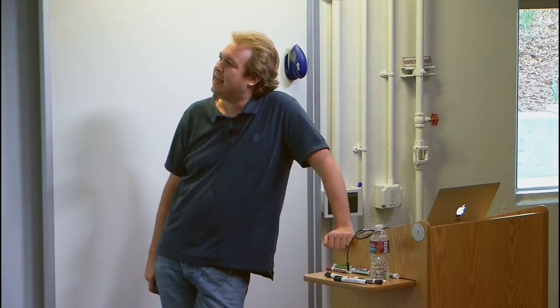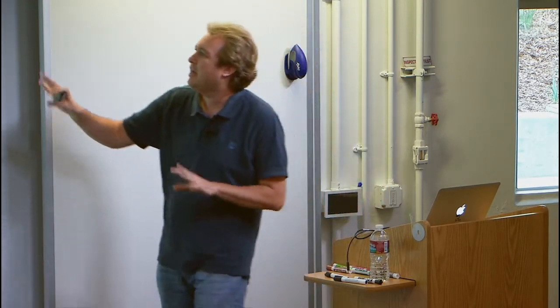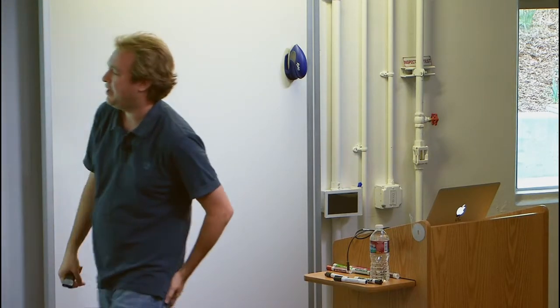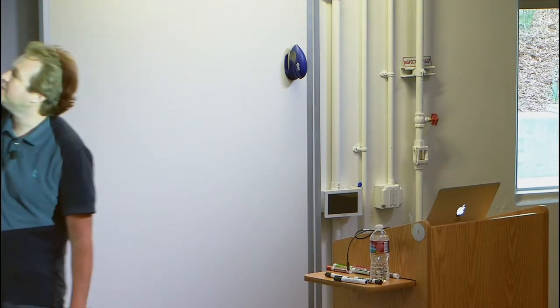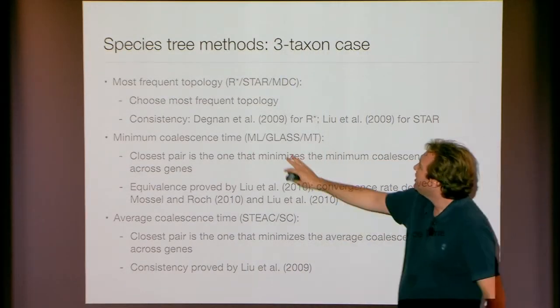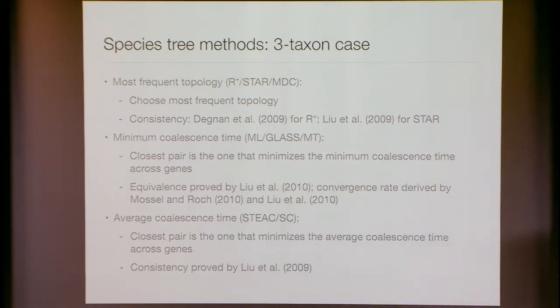So these are, in essence, the 3 classes of methods for the 3 taxon case. Other methods that are different for more taxa reduce to those. The first one I'm going to call R star, the most frequent topology. The second one I'm going to call glass, which is the minimum coalescent time across genes.